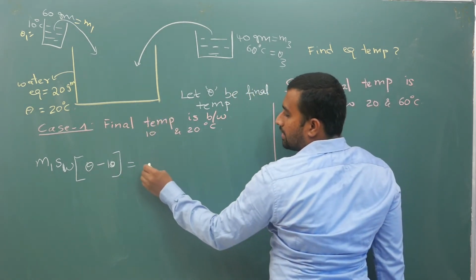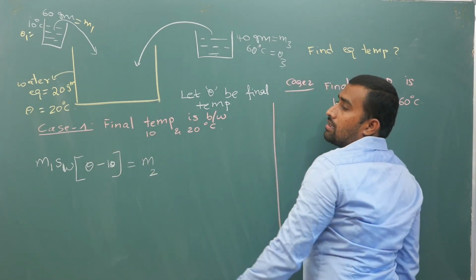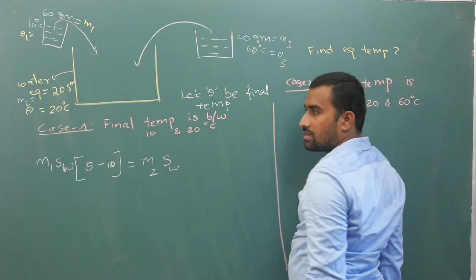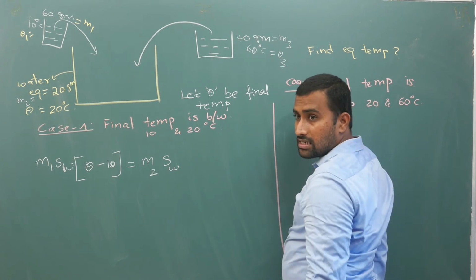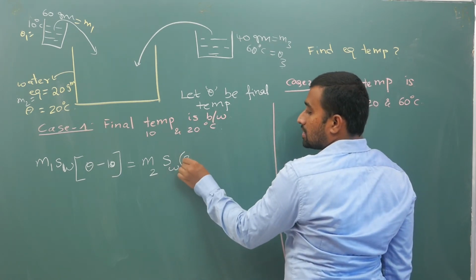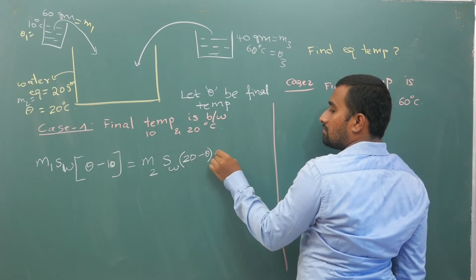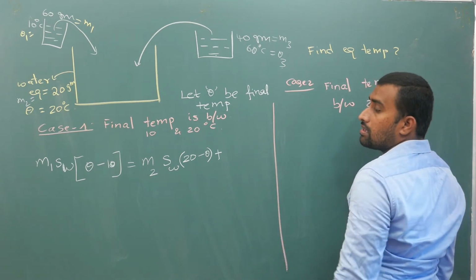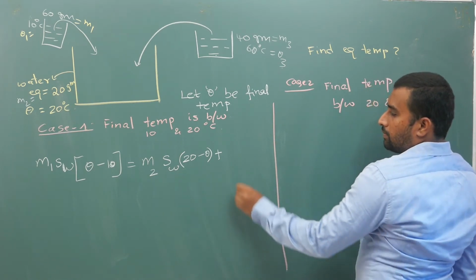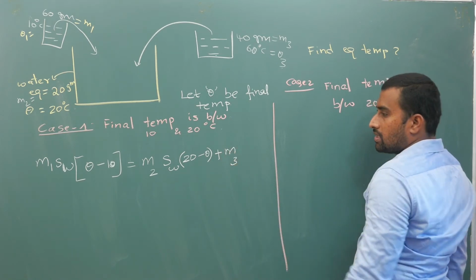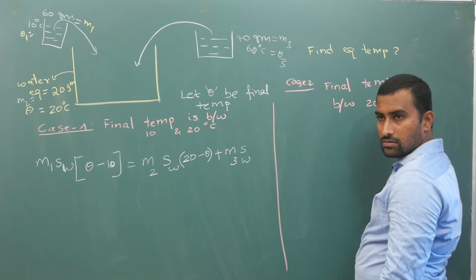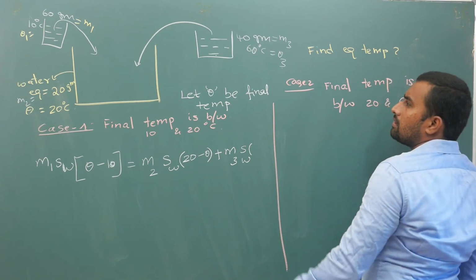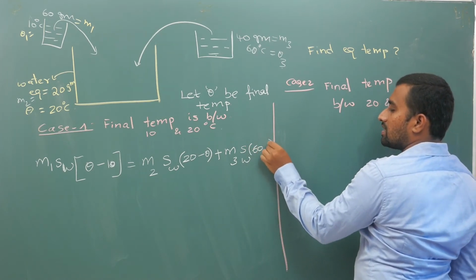that must be equal to heat lost by this 20 grams, m2 into, if I assume this to be my m2, m2 into specific heat of water times your temperature difference, which is 20 minus theta, initial minus final, because it is loss, this m2 is having loss, plus m3 into specific heat of water into 60 minus theta for this m3 part.